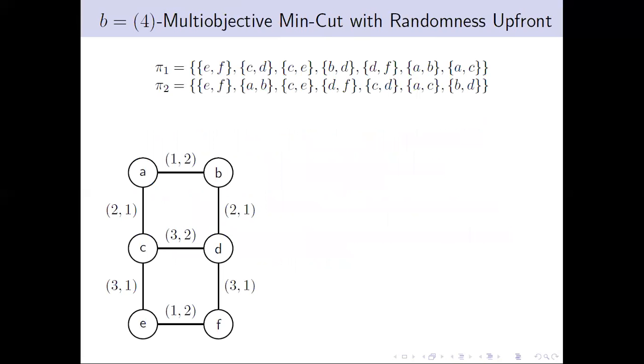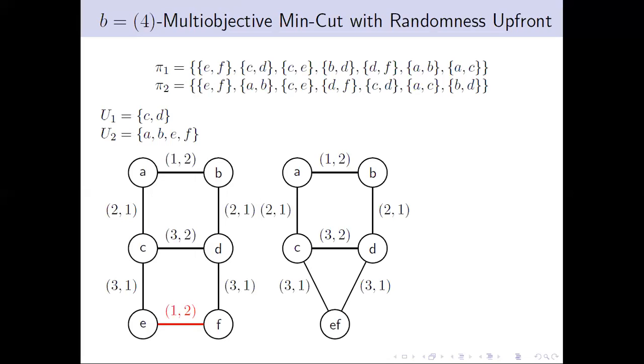So if we view our example from this perspective, we pick two orderings, pi1 and pi2, where pi1 is chosen based on the C1 costs, pi2 based on the C2 costs, and then we compute our UIs. Since U2 is bigger, we contract the first edge from pi2.